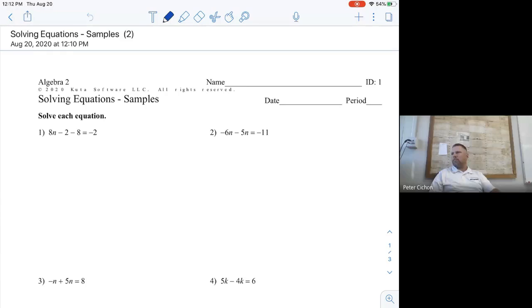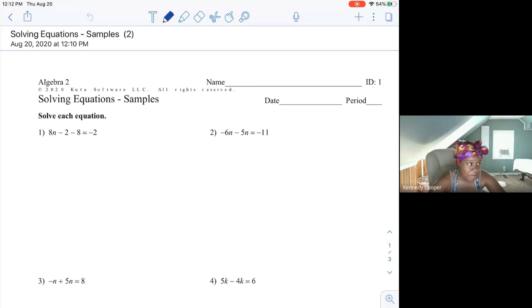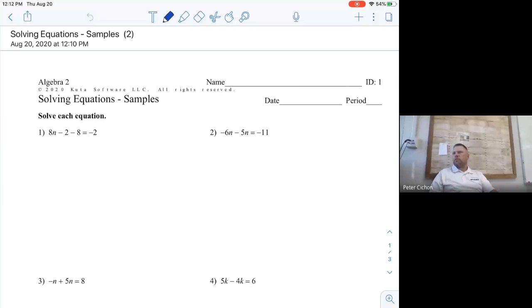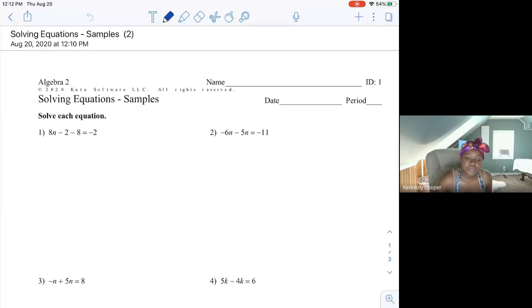Where's your iPad? In my room, broke. I need to go get it fixed. Yes, get that fixed, because then with the computer too, you could be on the Meet on the computer and do this on Notability. But temporarily that'll work as long as you submit it to me on Google Classroom.